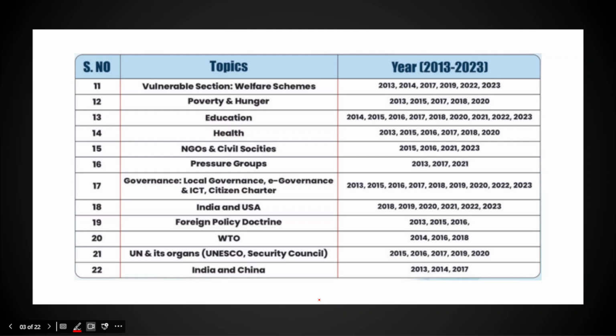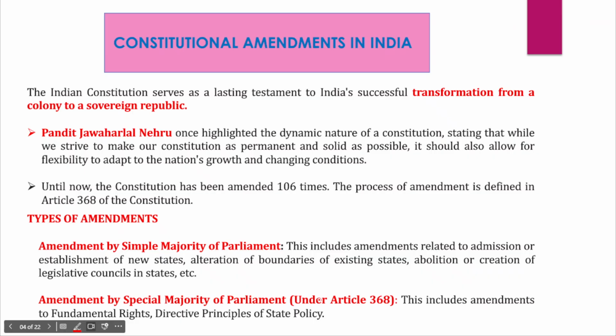So these are all important topics, but we will discuss some important topics in this paper so that you could adequately prepare yourself and write the best answers, and that ultimately helps you score good marks.